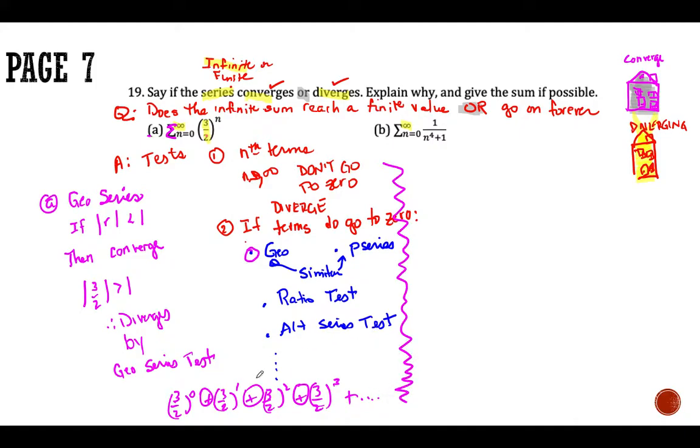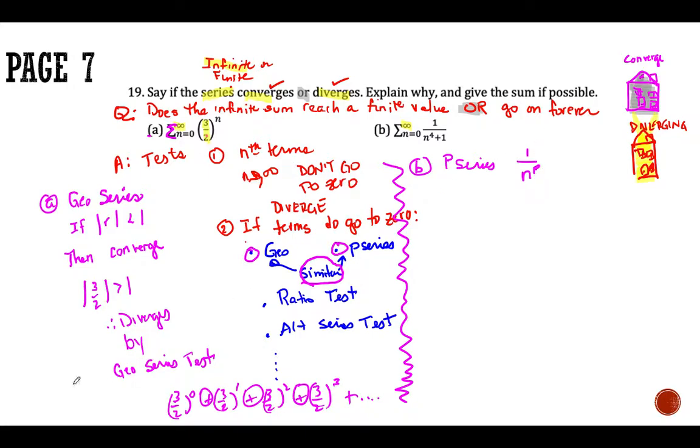Now look at B. B is almost a p-series. Almost. A p-series is always of the form 1 over n to some power.